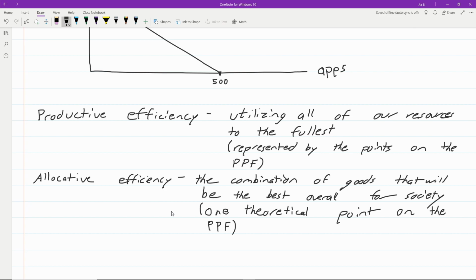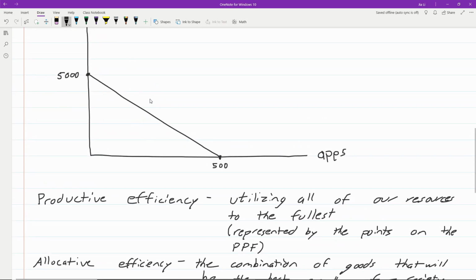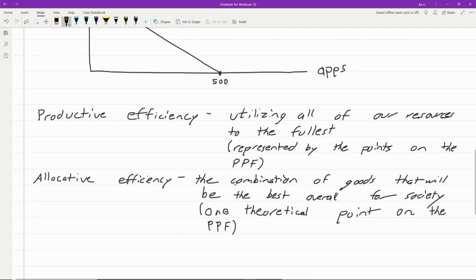Economists may say one thing, philosophers might say another thing, sociologists might say a third thing, and so on and so forth, right? So there can be debate about which one is the best, but at least in theory, there should be one somewhere along this line that brings the most amount of utility overall to society.